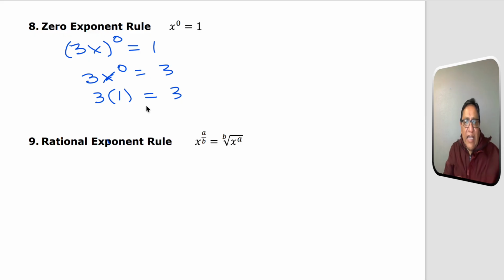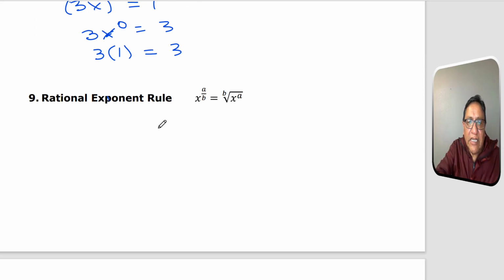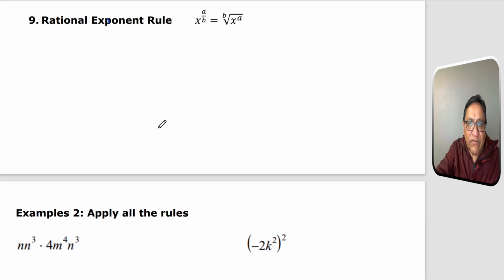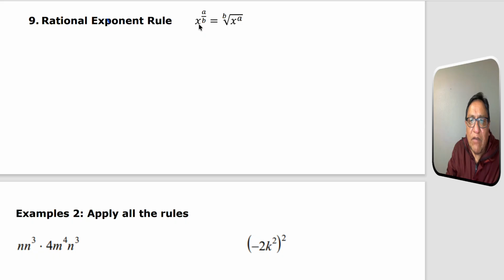And the last rule, which is very important in this college algebra class, is the rational exponent rule. What does it mean? It means if we have x to the power a over b, it is equal to the b root of x to the power a.